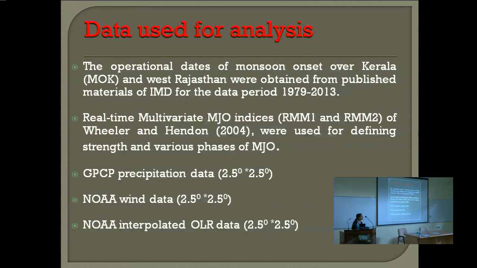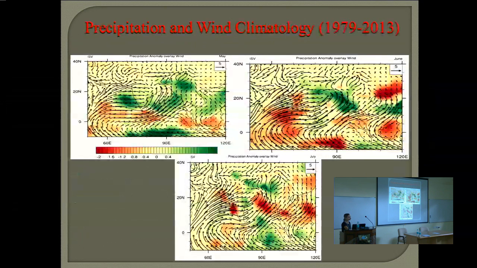For calculating MJO state, by MJO state I mean phase of MJO and strength of MJO, I have used Wheeler-Hendon indices, that is real-time multivariate indices RMM1 and RMM2. These are the wind and precipitation climatology for the data period 1979 to 2013.